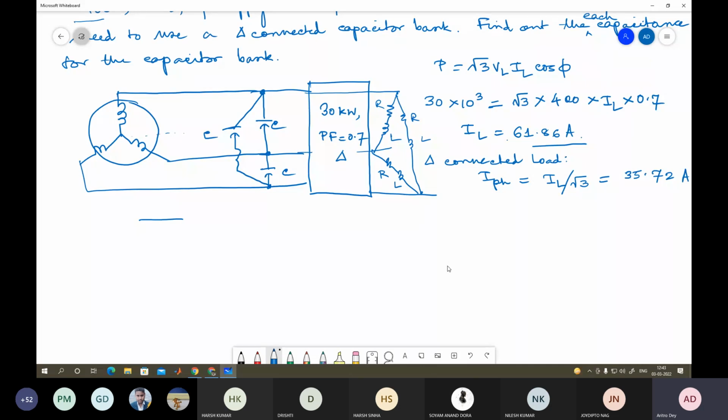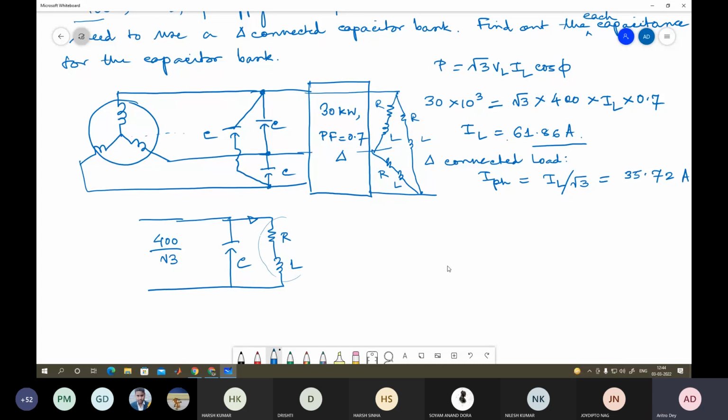So your line voltage is 400 by root 3, then you have one capacitance in parallel, and then one resistance and inductance in parallel. So this C, this is your load. So you know the current for it, right? Phase current you have already calculated. You don't know the angle, meaning you have not calculated the angle.